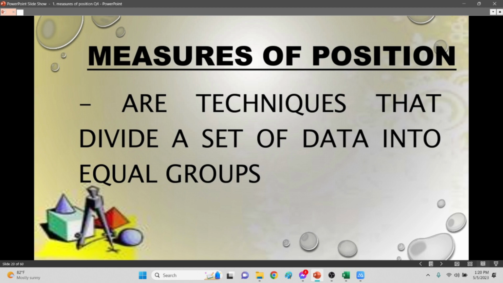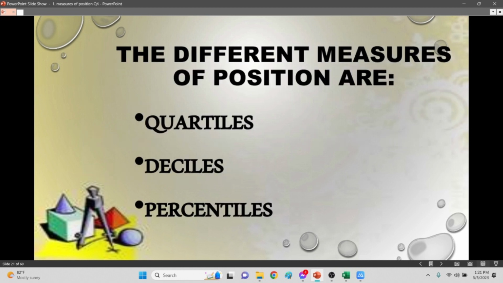We have the quartiles, the deciles, and the percentiles. When we say quartiles, it is divided into 4 equal parts. Remember the word quar. We have also the word quarters.